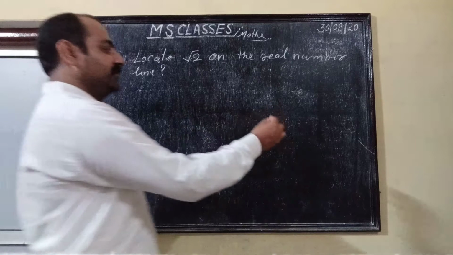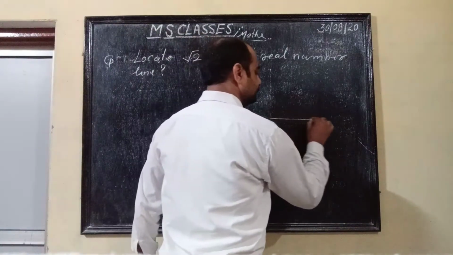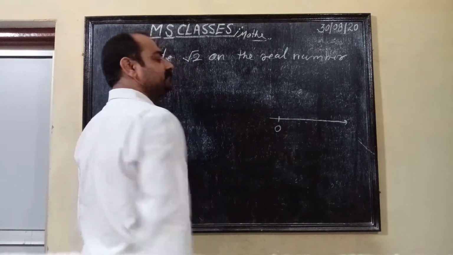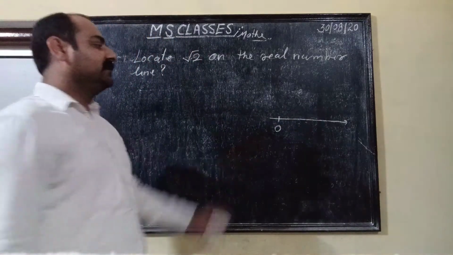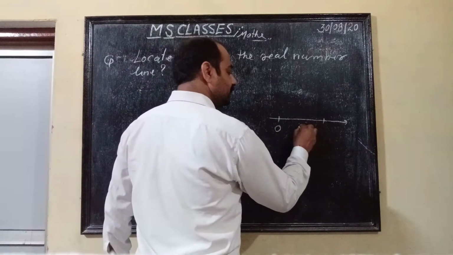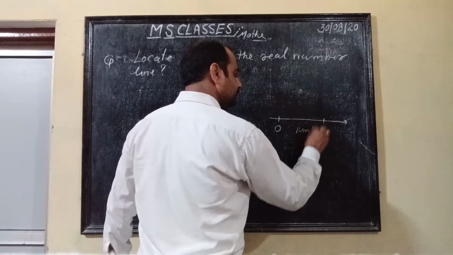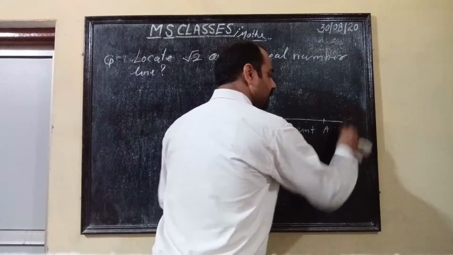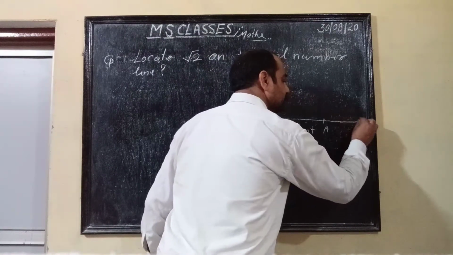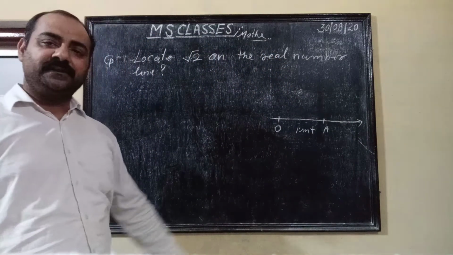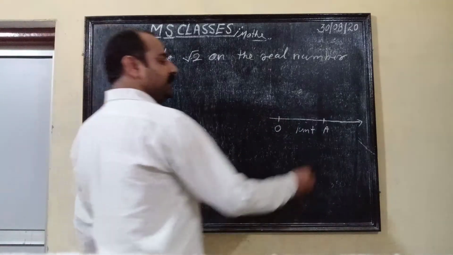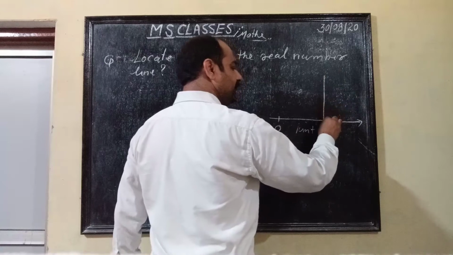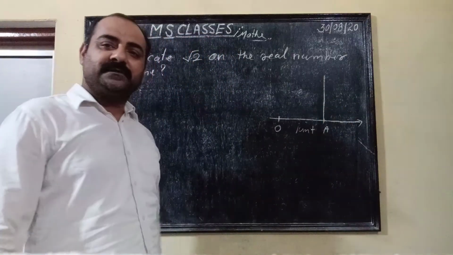So first we draw a line, and starting from point O, let OA be equal to 1 unit. Right? Now we draw a perpendicular at point A with the help of a protractor and compass.